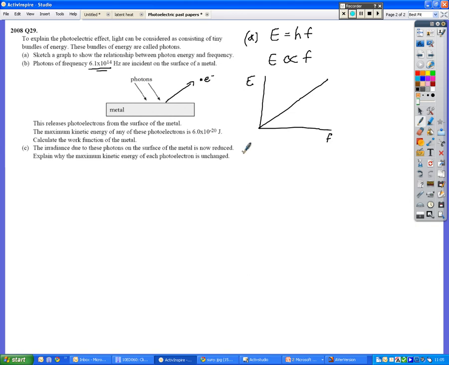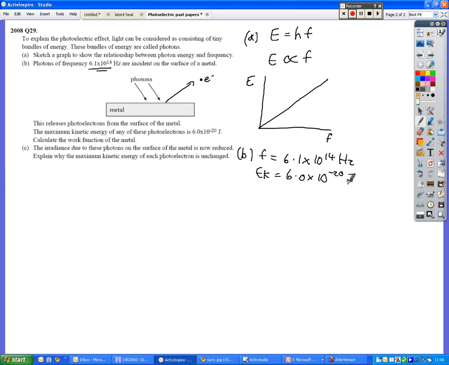Well, you've got the frequency, 6.1 times 10 to the 14 hertz, and you've also got the maximum kinetic energy they can have, which is 6 times 10 to the negative 20 joules.